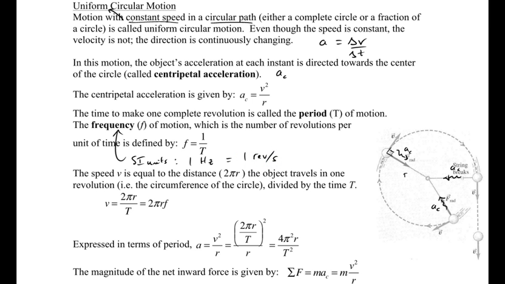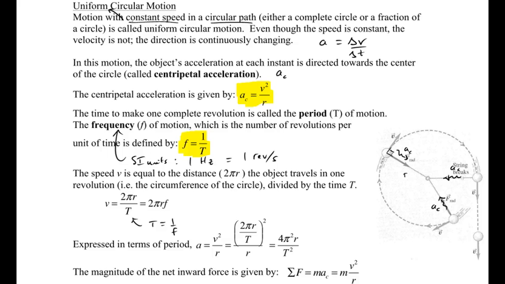The frequency is given as the inverse of the period. On the AP formula sheet, you get this formula right here, and you also get this formula as well. If you substitute T equals 1 over f into this equation, then you'll get another way of writing the speed in terms of the frequency and the radius.